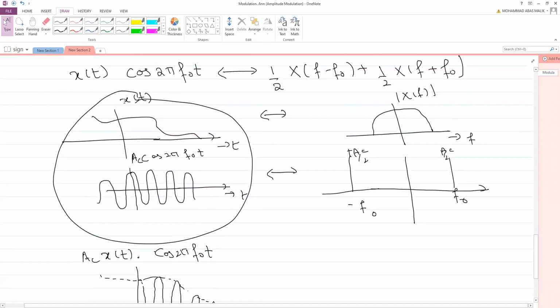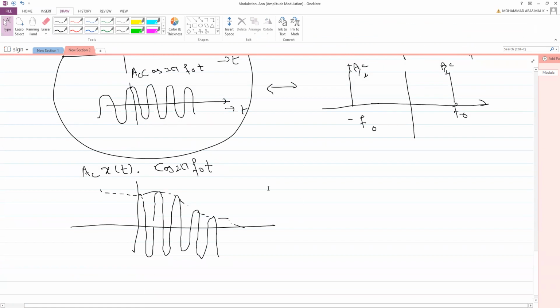Just remember, you have the spectrum of this x of t. Similarly, you have the spectrum of your carrier signal. Only 10 minutes, so I will try to finish this. Then you have AC; its value will be like this in the time domain. What about its value in the frequency domain?